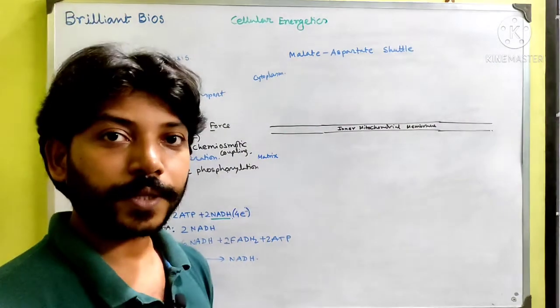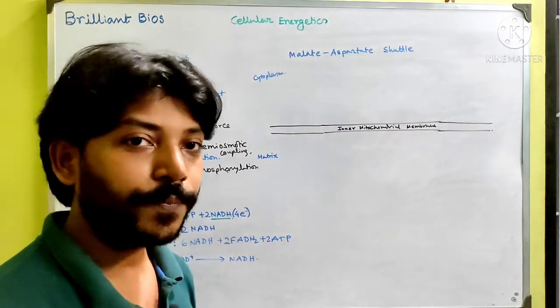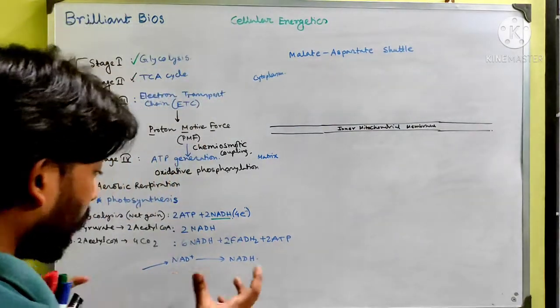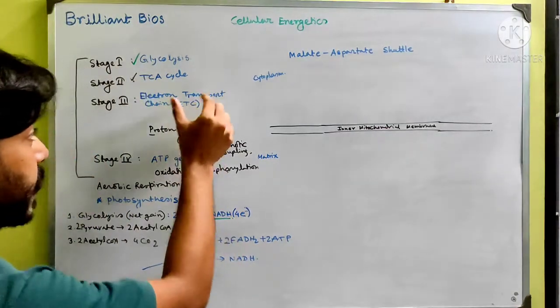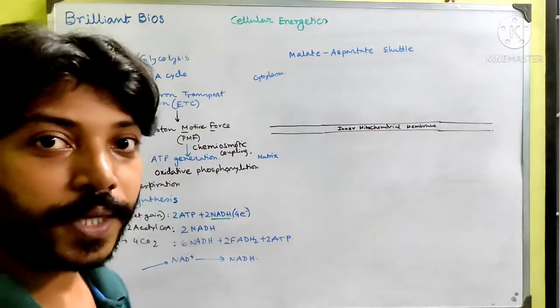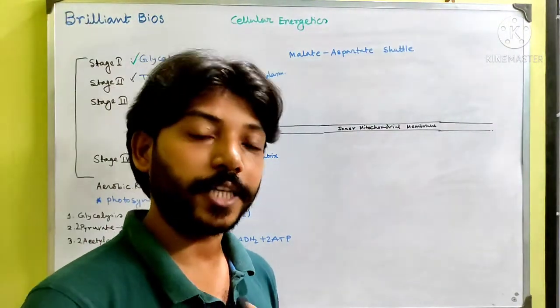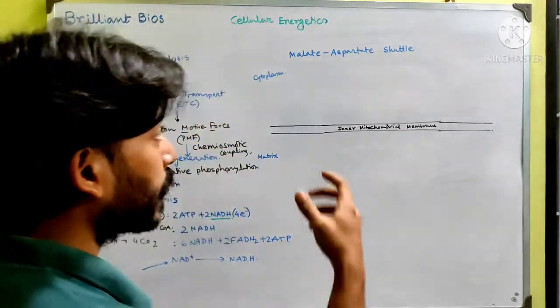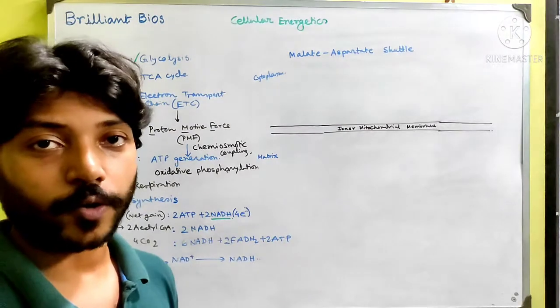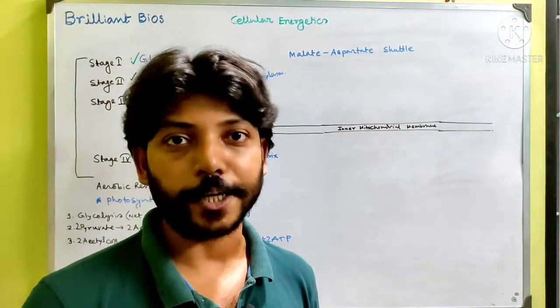So basically this shuttle is a bypass mechanism. As these two molecules cannot enter the mitochondrial matrix and cannot directly take part in the electron transport chain, it exchanges its electrons through some molecules present in the cytoplasm. But as it is a shuttle, a cyclical process, there is no starting point and end point.